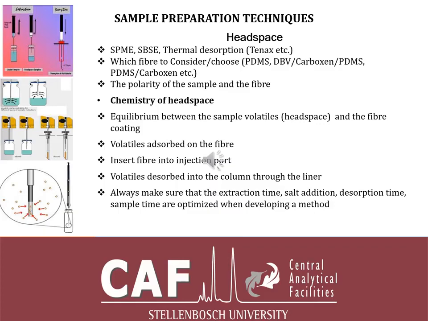It has to do with the polarity of the compounds of interest and also the polarity of the fiber. It's important to match the polarity of the sample and the polarity of the fiber.